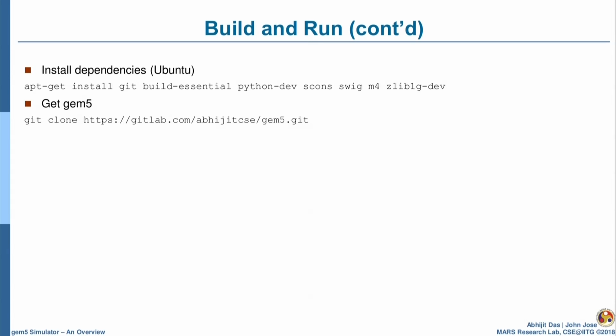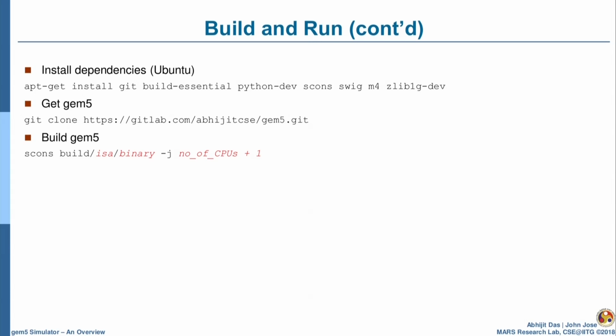After installing the dependencies, we can use this command to get a working copy of GEM5, which I have kept on a GitLab repository. This customized version of GEM5 will be used for all our simulation based assignments in the course.